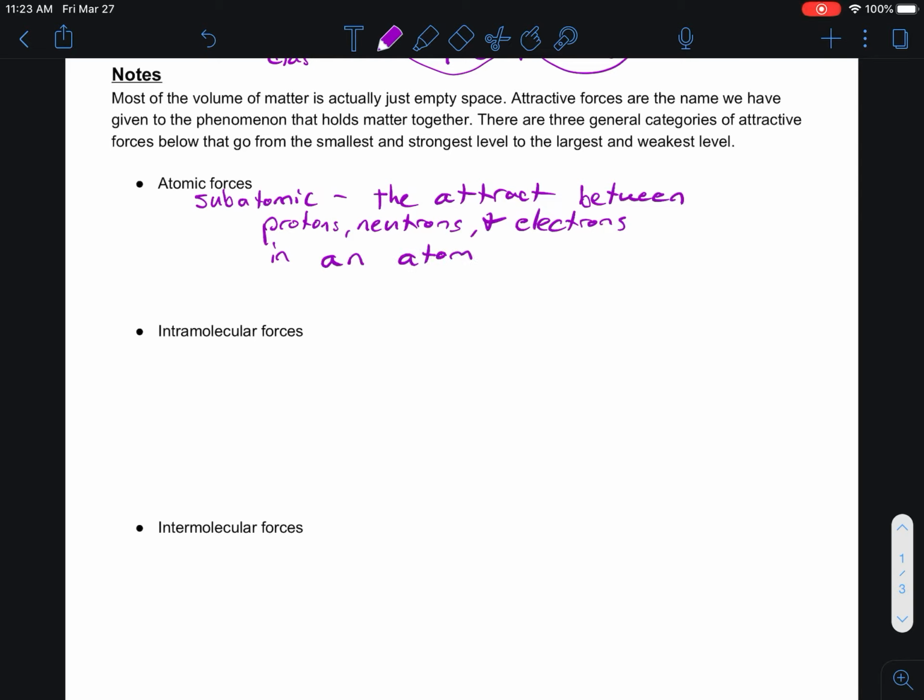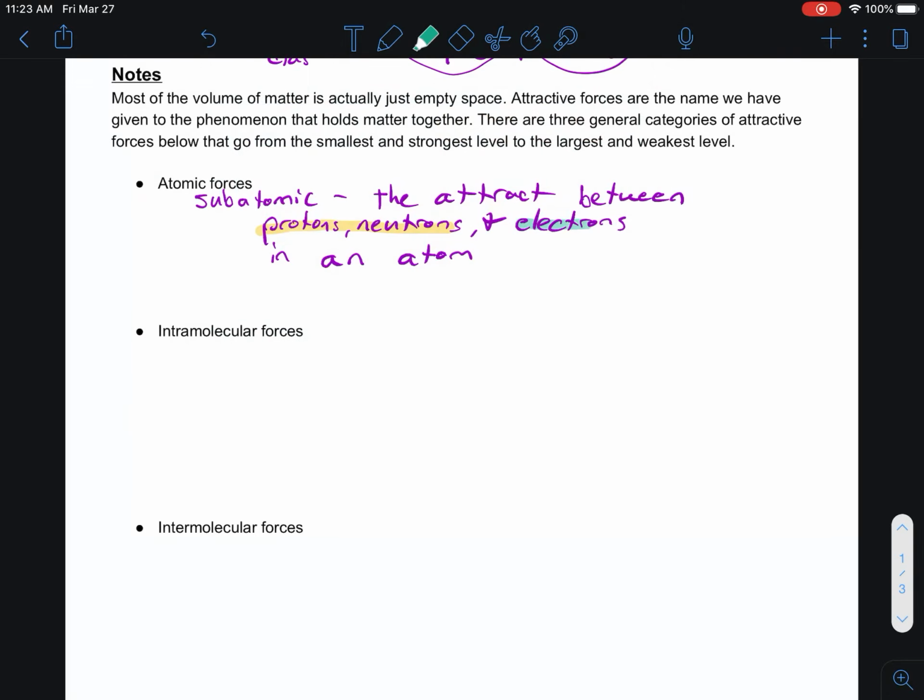Right, so it's what's holding the nucleus together. Your protons and your neutrons are found in the nucleus. Why are they found only in the nucleus? Well, it's the atomic forces that keep the protons and neutrons together in that nucleus.